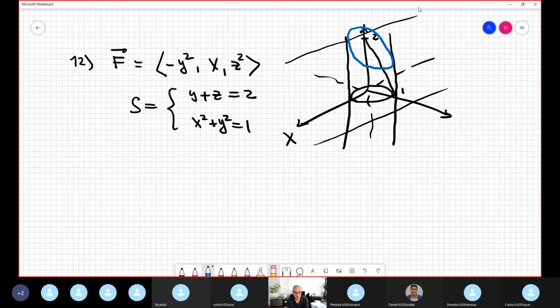Okay, this is my curve, and this is my surface. The intersection of a plane and the cylinder. Let's do it. First of all, define the orientation of the curve and of the surface.